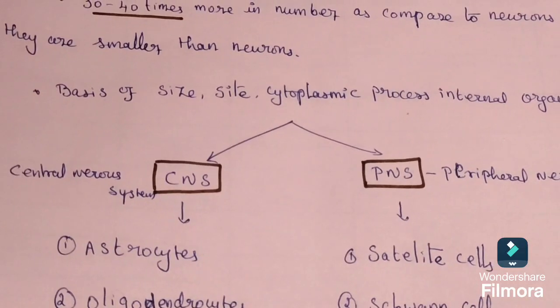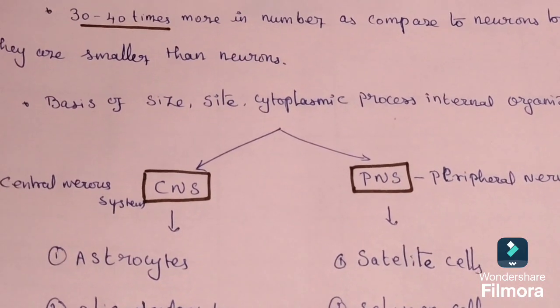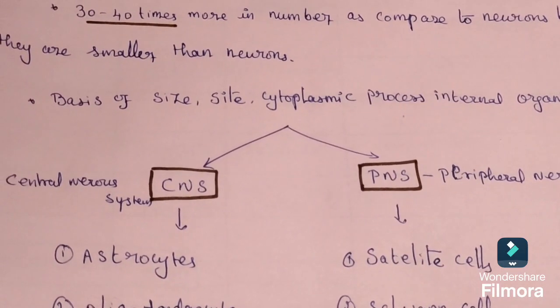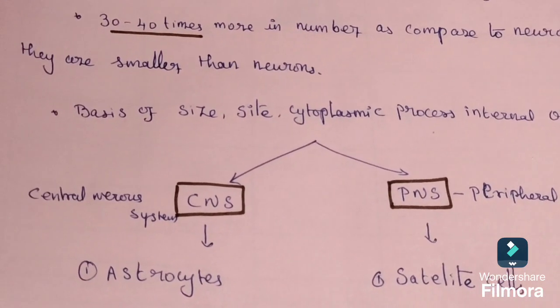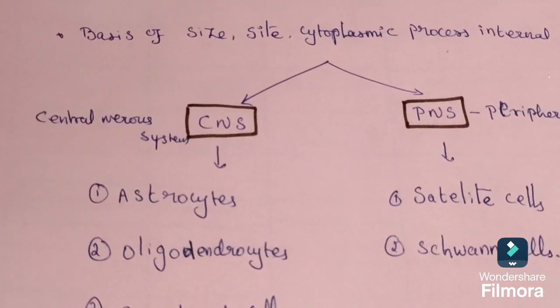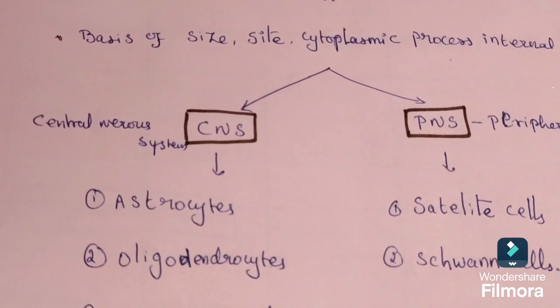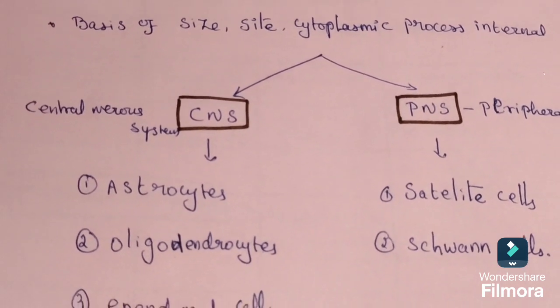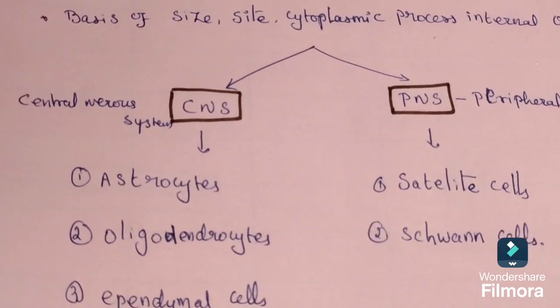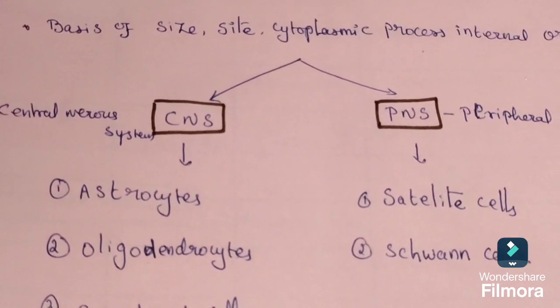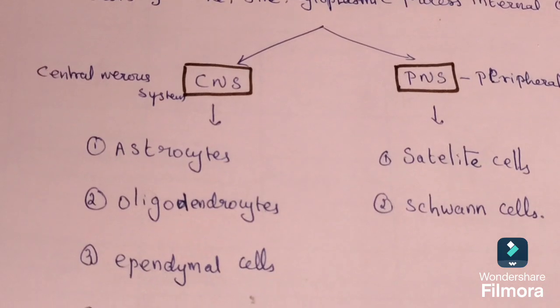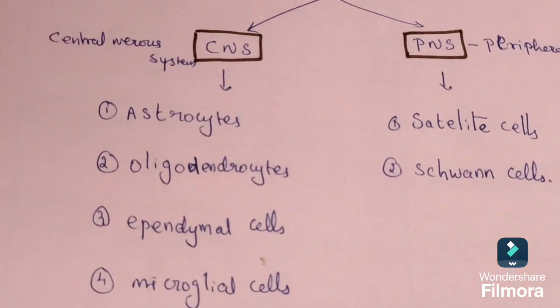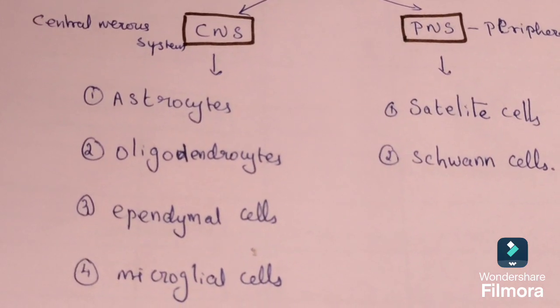The first is present in the central nervous system, CNS, and the second is the PNS, the peripheral nervous system. In the central nervous system, there are four types of glial cells.